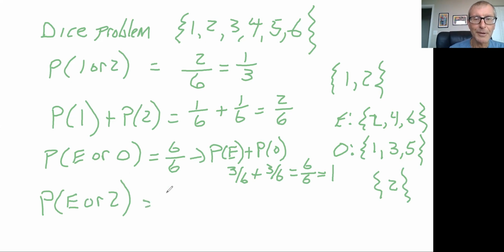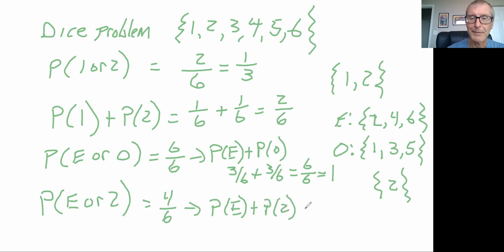So that would be 4 divided by 6. Or if we did probability of even plus probability of a 2, that would be 3/6 plus 1/6 again, and we'd get 4/6. Well, that is not the right answer.